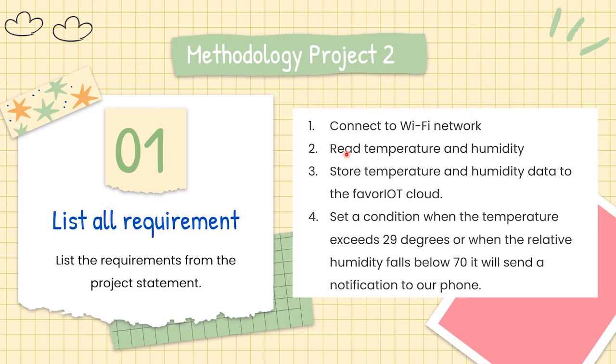Second, we need to make sure the device reads temperature and humidity of the room. Third, store temperature and humidity data to the Favor IoT cloud. And lastly, set a condition when temperature exceeds 29 degrees or when the relative humidity falls below 70, and it will send a notification to our phone.